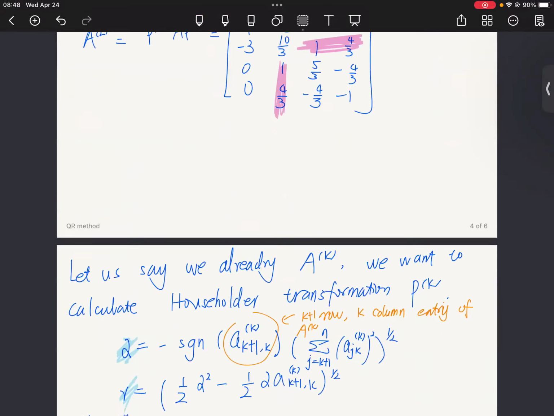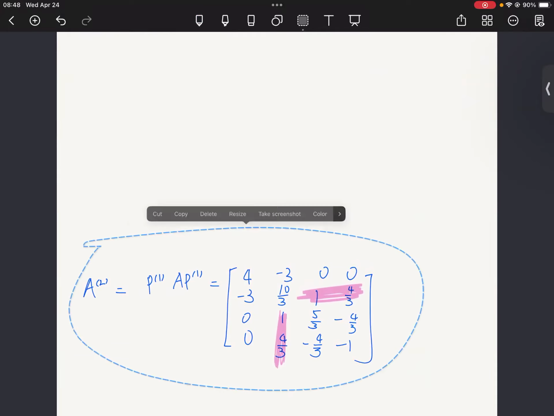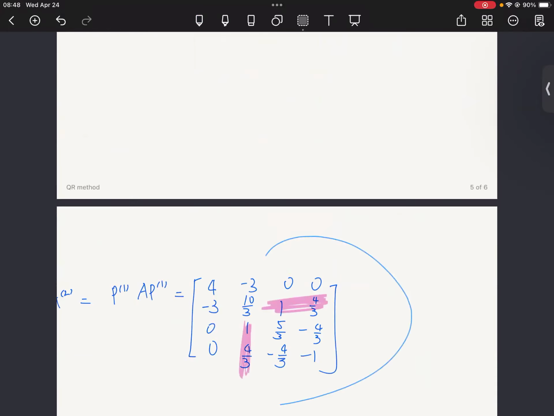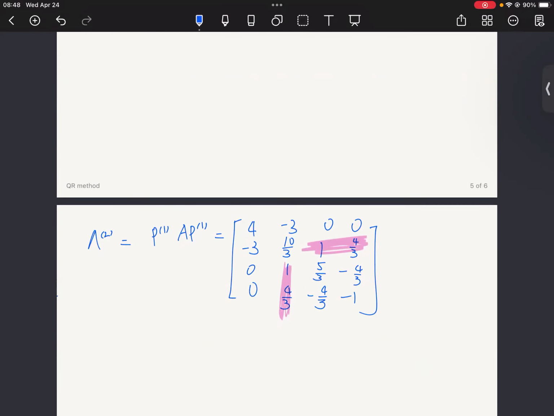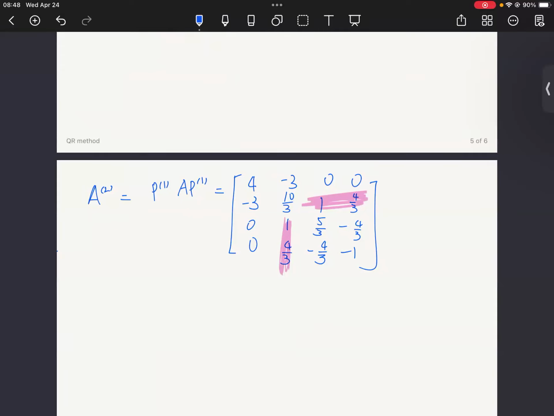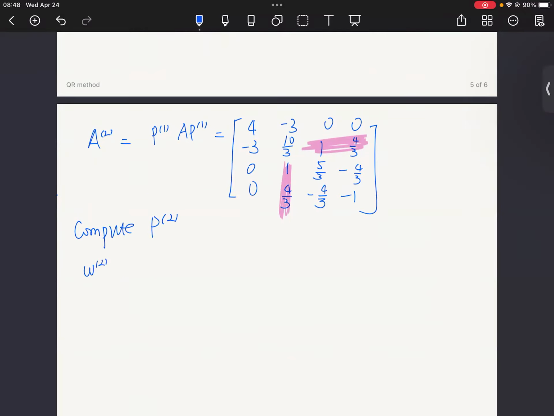Where is it? Okay, it's here. Let's do the calculation. We are going to compute the P2. First of all, we have the W2, and we already know that the first two components equal 0 and 0, right?